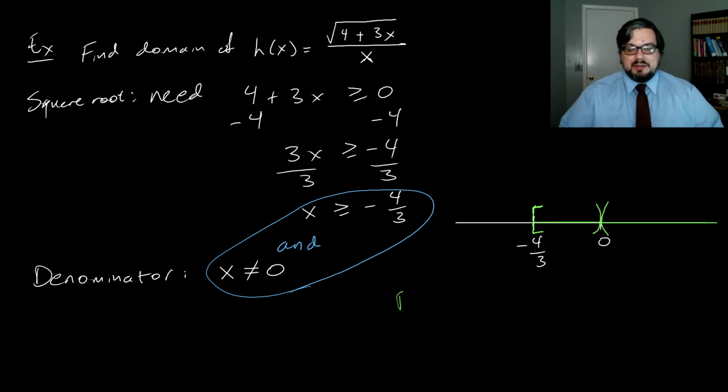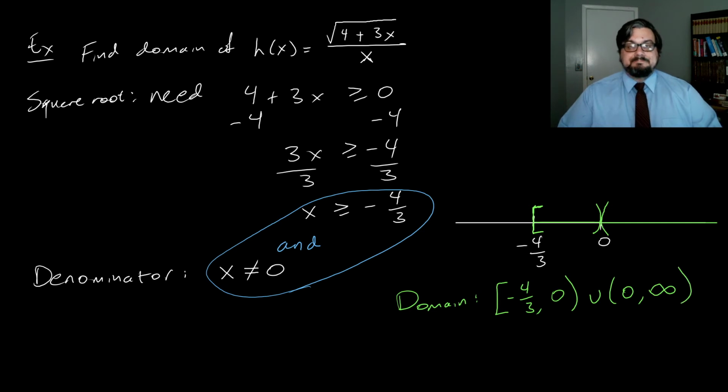So our domain in interval notation could be written as the interval from negative 4/3 to 0 union the interval from 0 to infinity. Because both of those conditions need to be true at the same time in order for x to be in the domain, in order for h of x to be defined.